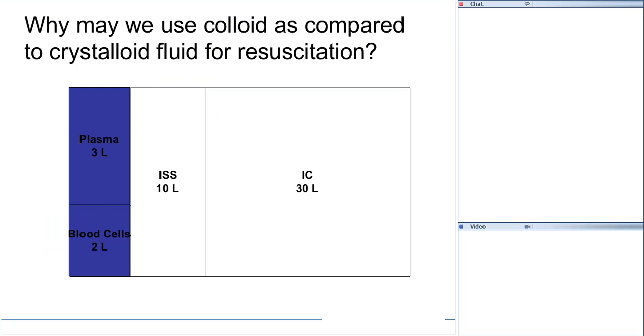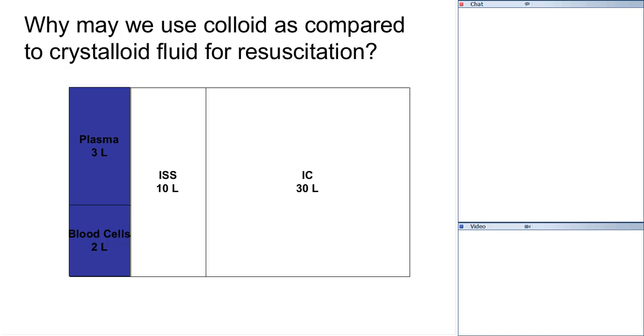So first, just starting with the rationale for why we give fluids, resuscitation fluids to our critically ill patients. When we resuscitate with a colloid as compared to a crystalloid fluid, at least from the theoretical standpoint or from a healthy volunteer perspective, that colloid fluid is supposed to remain in the intravascular space. All of it's supposed to stay there.